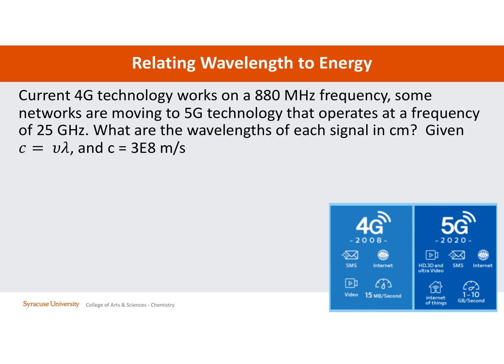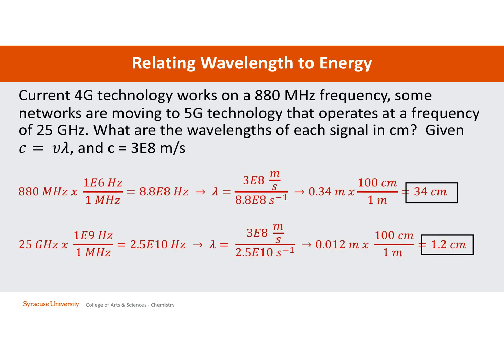Again, given that the speed of light is equal to frequency times my wavelength, and speed of light is 3 e to the 8th meters per second. Well, this calculation is a little bit more involved because I've got megahertz for both of those. So I first have to do my calculation for 4G, and then I'll do the same series of steps for 5G.